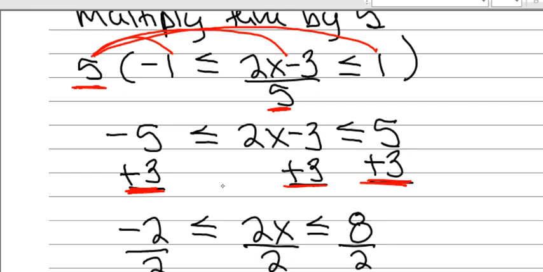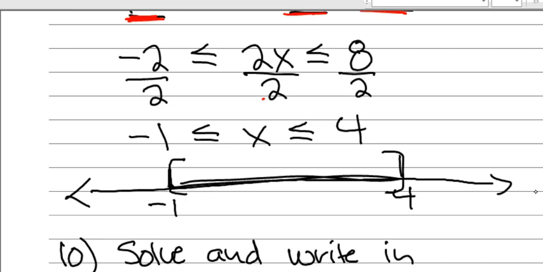I want to get x by itself, so I'm going into the middle and dividing all 3 pieces by 2. So I get negative 1 is less than or equal to x is less than or equal to 4.